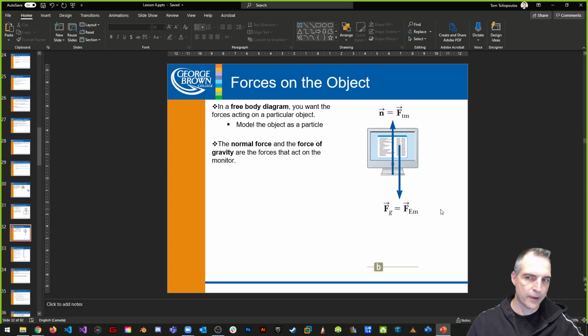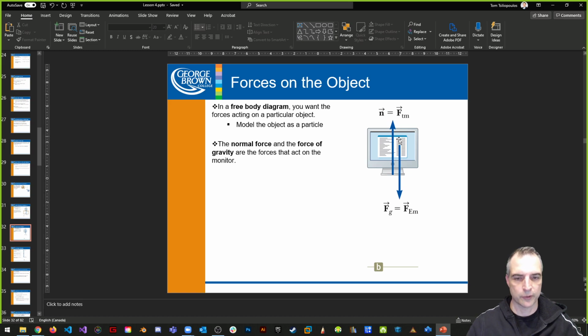When we talk about forces on an object, a lot of times it helps because we want to talk about the sum of all forces. We want to talk about a free body diagram. The free body diagram treats objects like they're particles, and we draw vector arrows in the directions of the forces. For example, the normal force would act in an upward direction and the force of gravity would act in the downward direction.